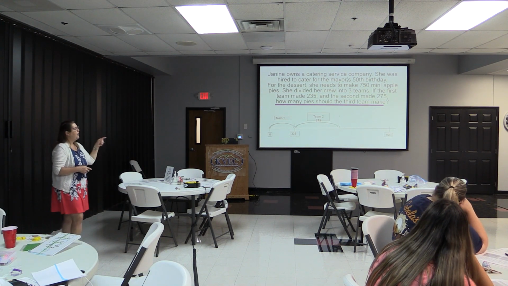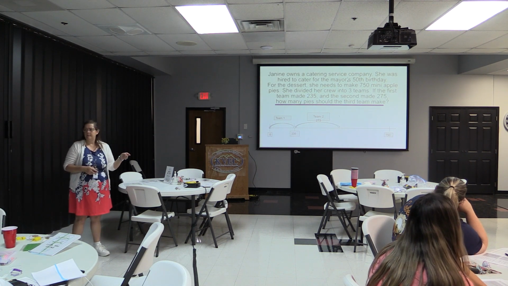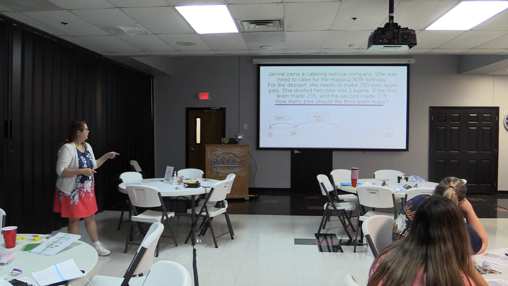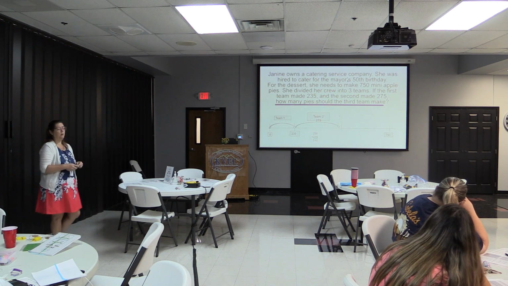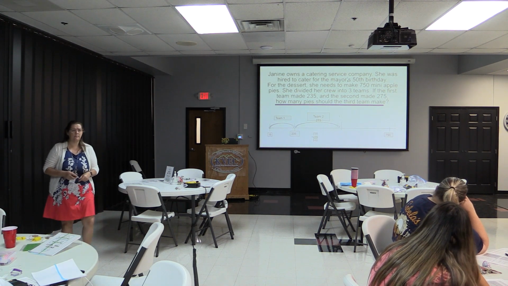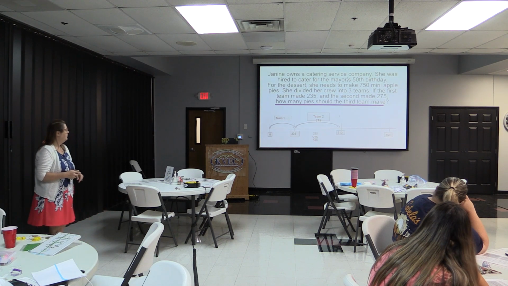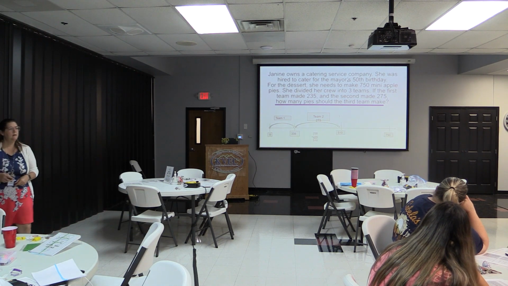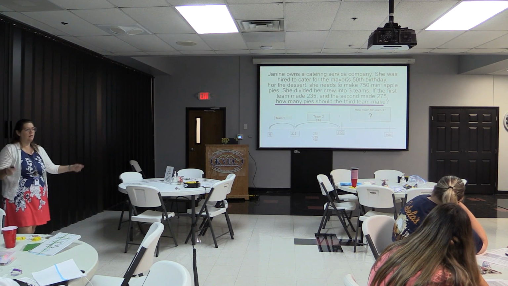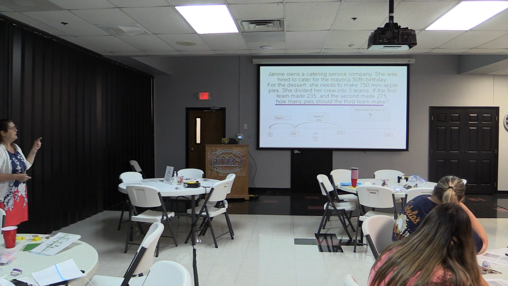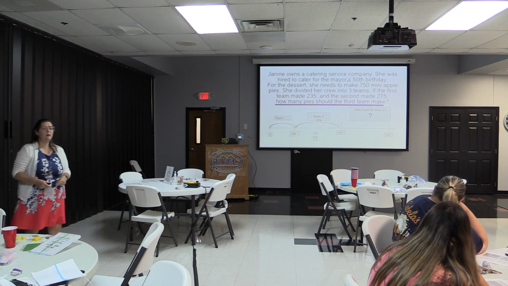So at this point, where are we? Well, I have to think about how I want to do that addition problem, and I did that addition problem, and I said, oh, I'm at 510. And then I put that down on my number line. Now, how much does the third team need to make, right? That's the big question mark. And so for my kids, they're just having to get from 510 to 750.